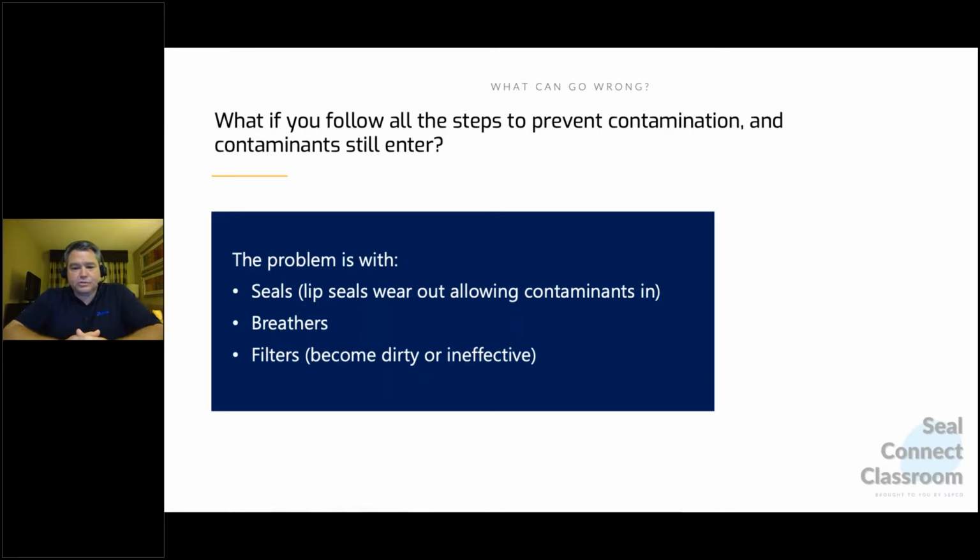I see people using oil containers that are sealed, which is great, moving away from the coffee cans or the repurposed bleach container, the open cans that were being used. People are using sealed containers now. We're using breathers. We're using better seals. What happens when we do all this and we're still getting contaminants in the lubricant?